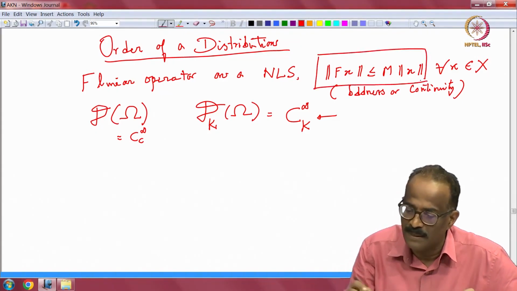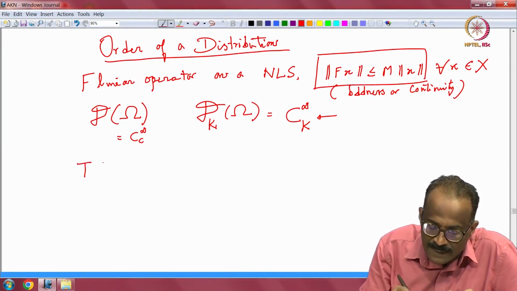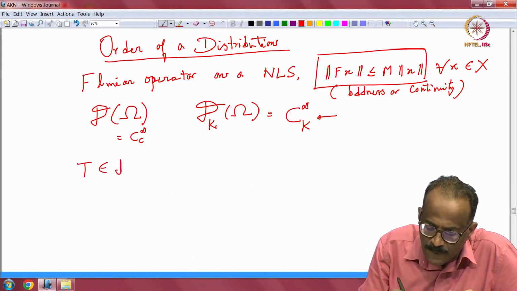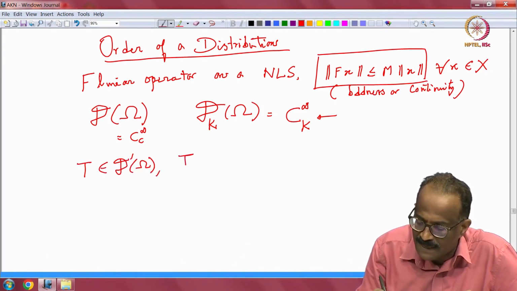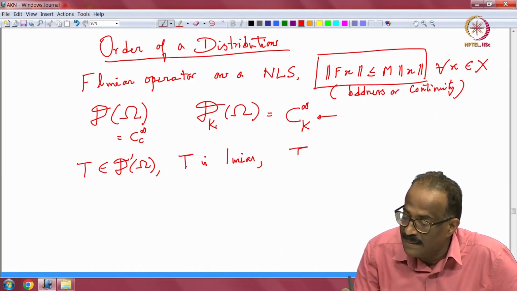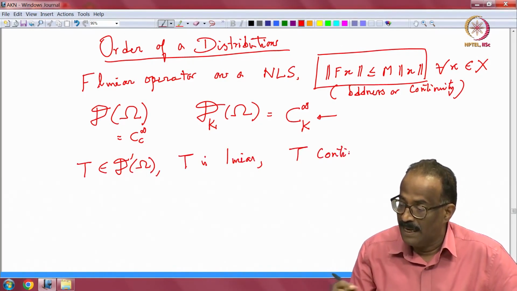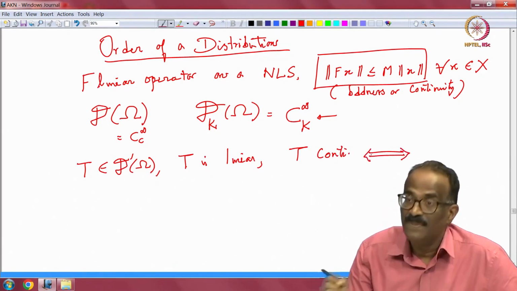So, if you want an operator T in D prime, that means T is linear, then I want to characterize what is the meaning of T's continuity, and this continuity can be written equivalently as an estimate.